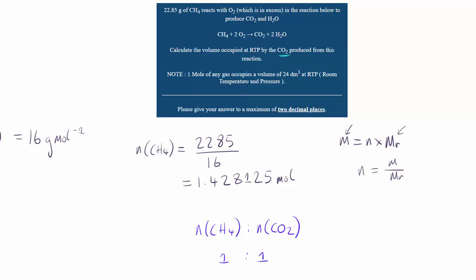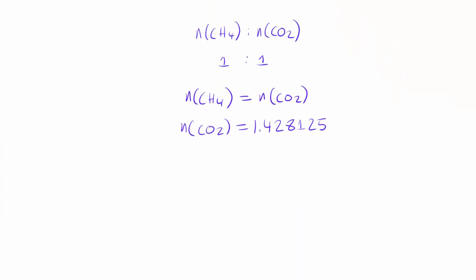So for every 1 mole of gas is 24 decimeters cubed. What does that mean? It means that if we have a given number of moles of a particular gas, if we multiply that value by 24, we can work out the volume of gas that's going to be occupied specifically at RTP, right? So therefore, the volume is going to be equal to the number of moles of CO2 multiplied by 24, right?